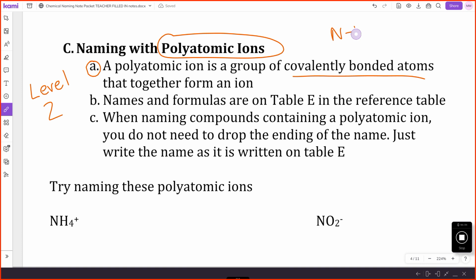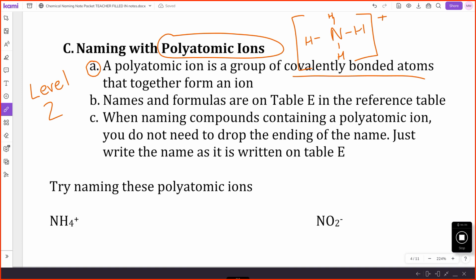And one of the easiest ones to understand is NH4. Now, NH4 is 4 hydrogens that are covalently bonded to a nitrogen. When this arrangement occurs, the whole molecule is not neutral.